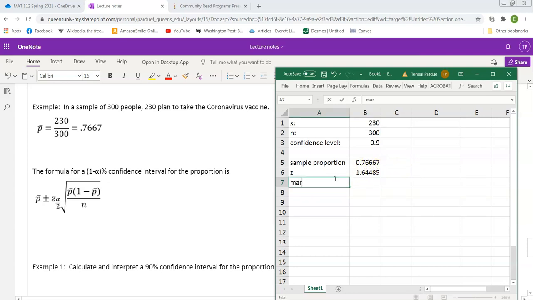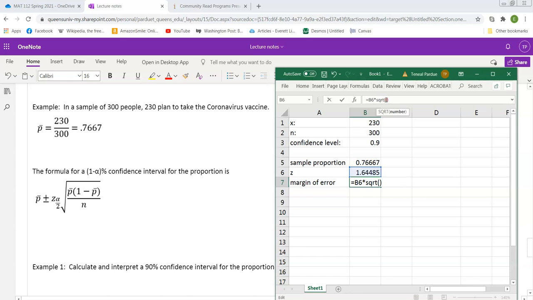So now let's come up with our margin of error. Our margin of error, the part after the plus or minus, is going to be Z times square root of. And this is where we have to be really careful with the order of operations.